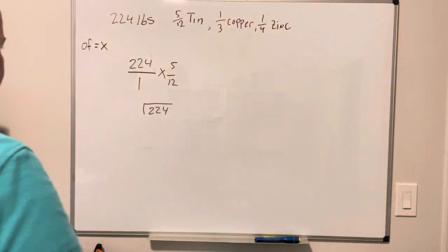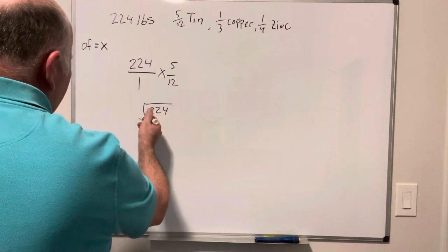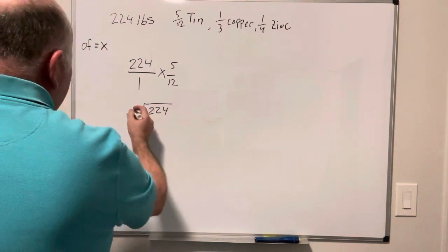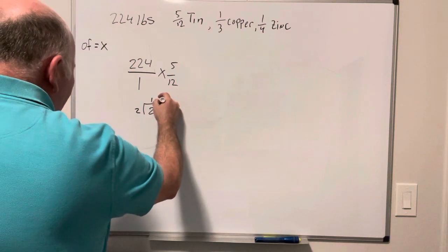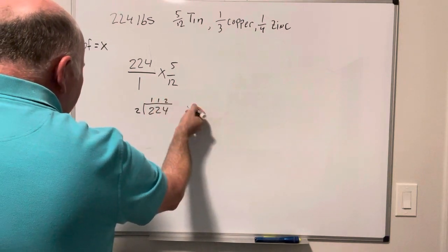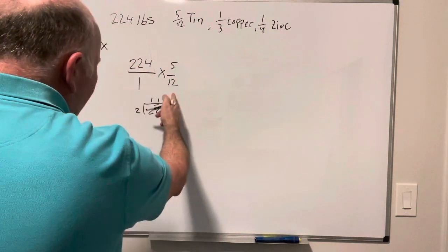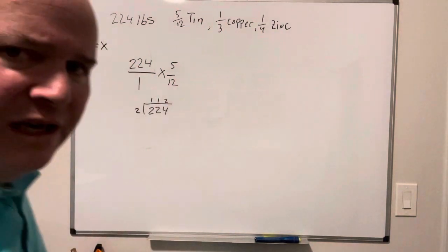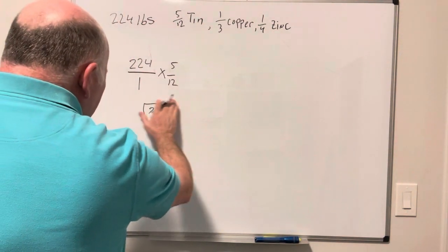So let's do 2. If we divide by 2, there's 112. So this would be 112 over 6, but I could divide it again by 2.